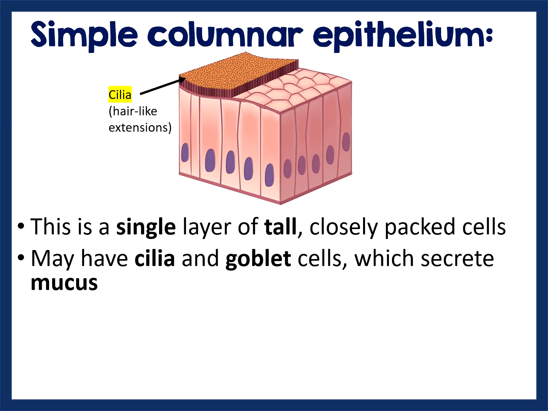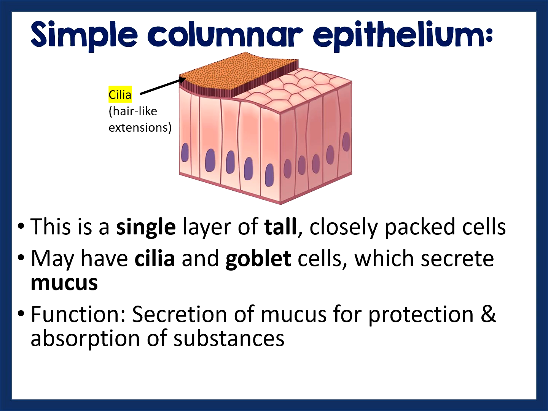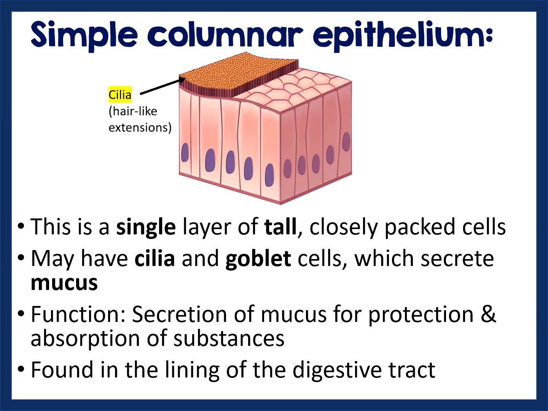If those cells that you're looking at are taller than they are wide, and we have this single layer of tall, closely packed cells, we are looking at simple columnar epithelium. And so we're really going to find these along the lining of the digestive tract. And some of these cells are going to have these little hair-like extensions called cilia.